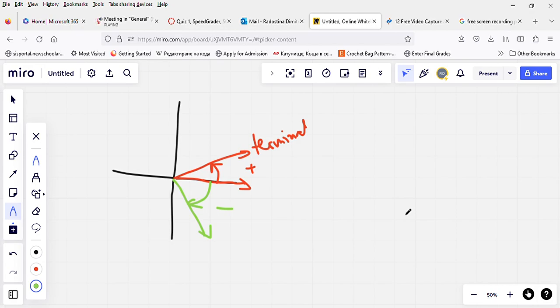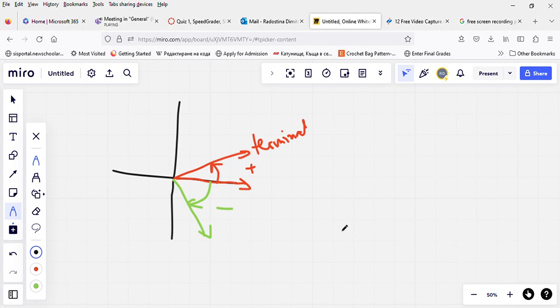So this is different than your understanding of angles from geometry or from algebra. Again, remember that the first side is glued to the x-axis. You can only move the terminal side of the angle, and it's positive or negative depending on the direction.